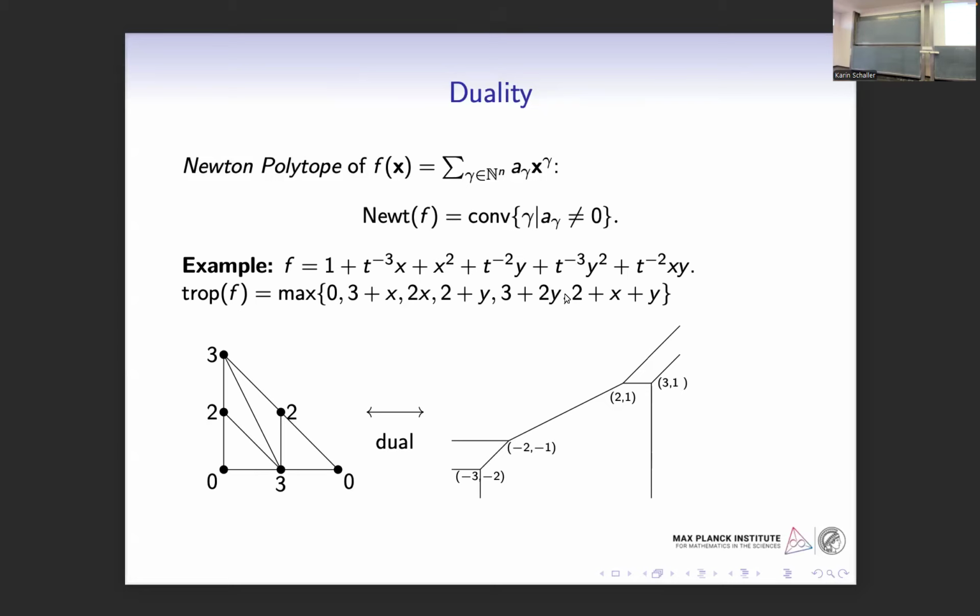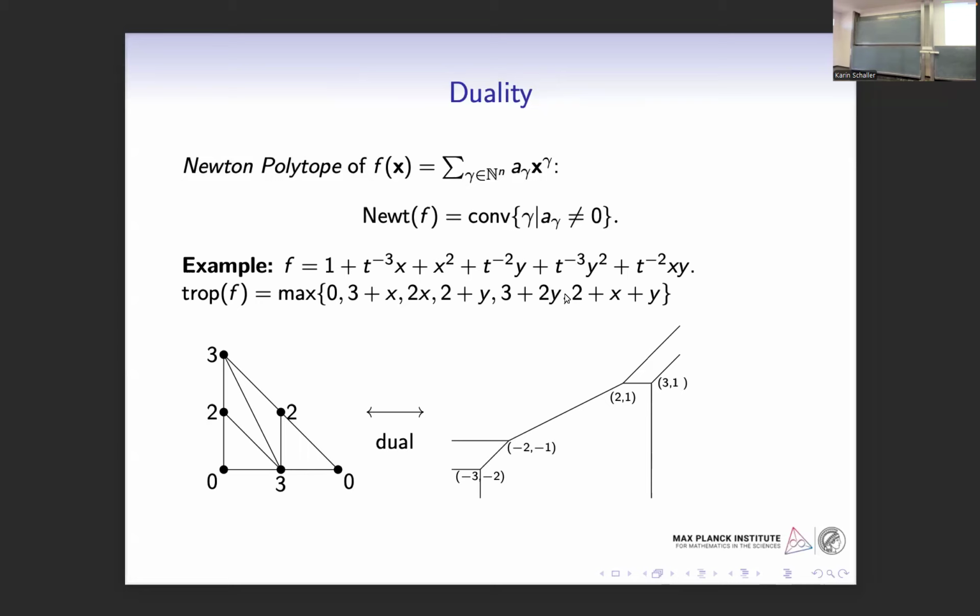So on the left, how would you know the vertices on the right, for example? So here, I can compute this vertex by saying, each vertex here corresponds to a linear term in this polynomial.